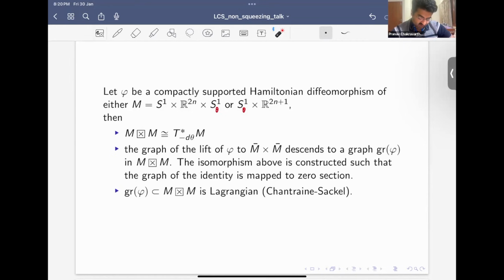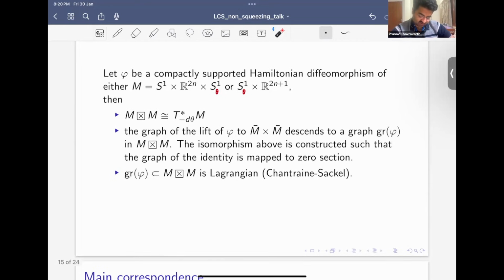In fact, Chantraine and Sackel showed that given any Hamiltonian diffeomorphism phi, you can look at the usual graph inside the symplectic product of the symplectic cover, and that descends to a graph inside the product such that this graph is Lagrangian for the conformal symplectic structure.